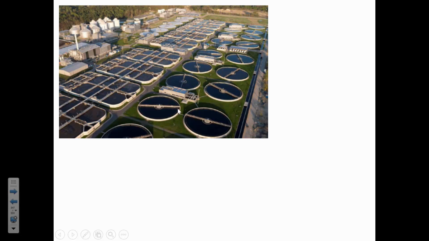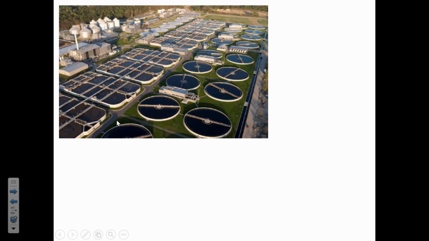These circular ones are called clarifiers, and they allow solid particles to settle to the bottom and grease and oily materials to float to the top. And so it's just all a part of cleaning up the water before we discharge it into the river.